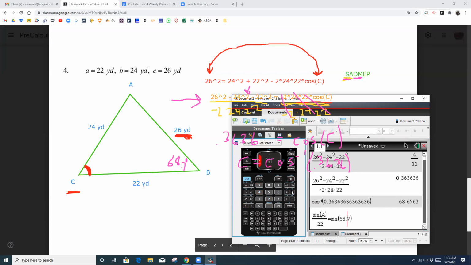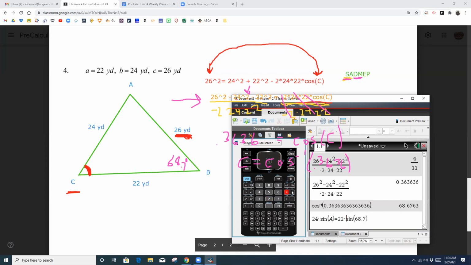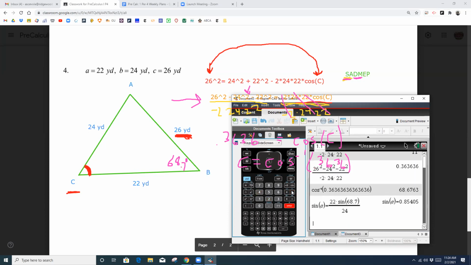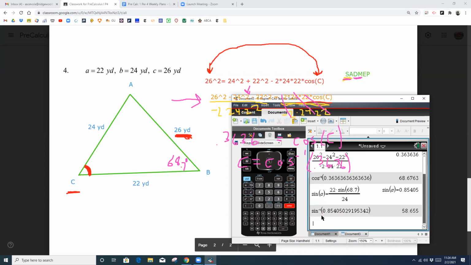Multiply like 24 on this side, and then multiply like 22 on this side. And then divide both sides by 24. The sine of A is equal to 0.85405. So now we could solve for A by doing the sine inverse of that ratio, and we get 58.65 degrees. So we'll round that up to 58.7 degrees.